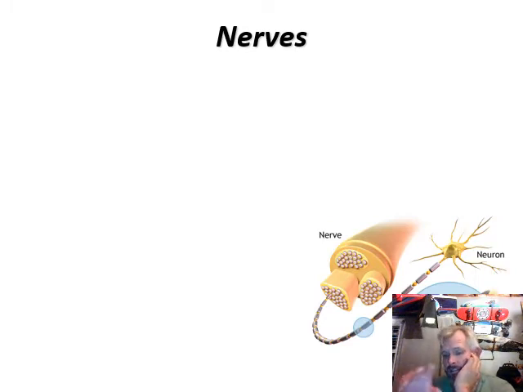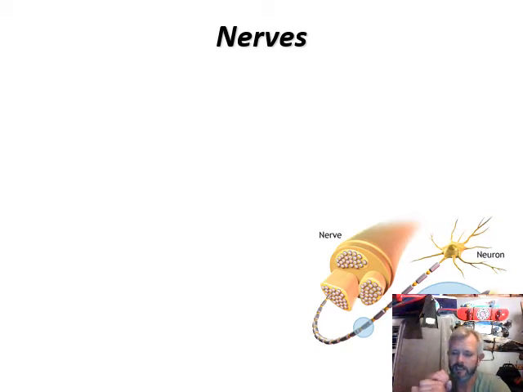So these axons can be up to several feet long, and they're going to be the pathways into the central nervous system and the pathways out of the central nervous system. Many of the neurons are interneurons that are just inside the central nervous system, but many of these peripheral neurons, the afferent and efferent neurons, are going to be the pathways into or out of the central nervous system for integration.